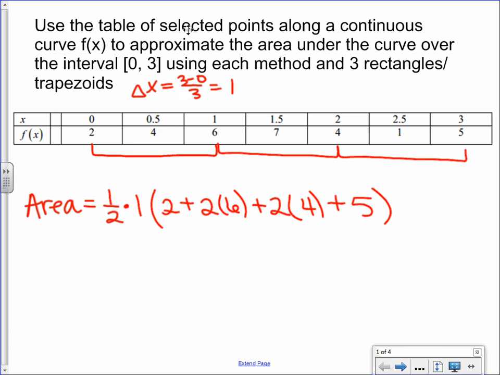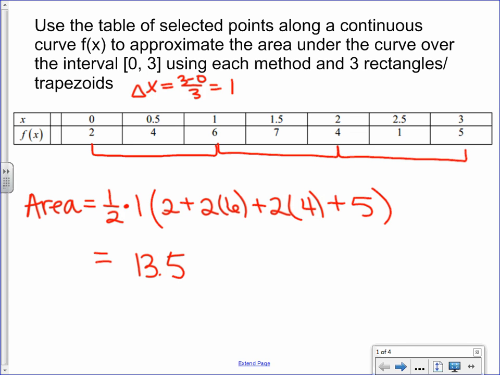Please find that for me. So 13. Did you give me a fraction?